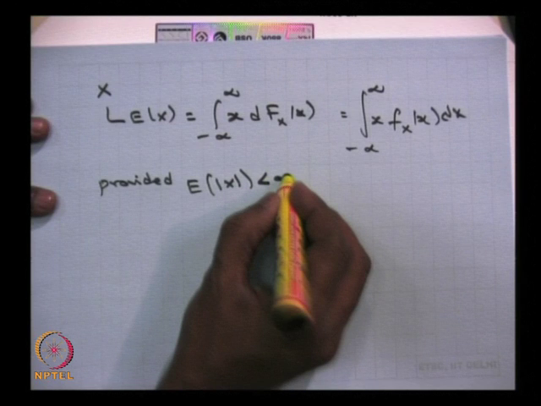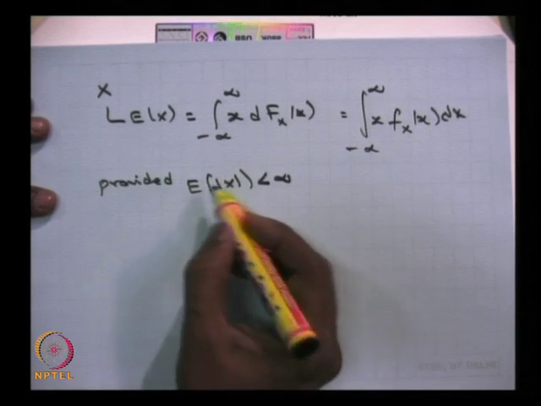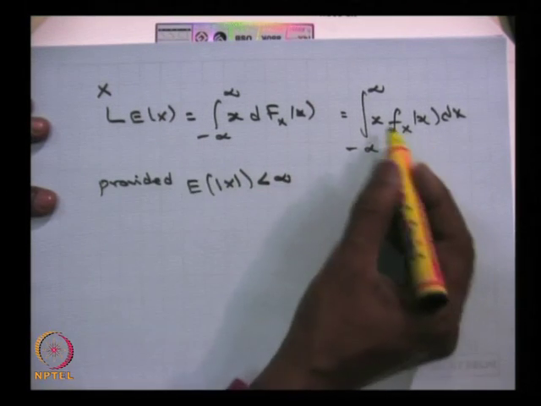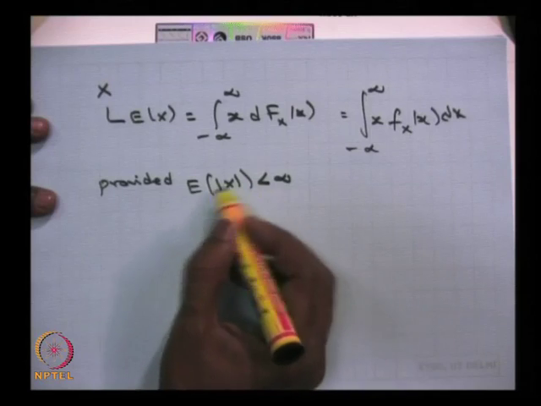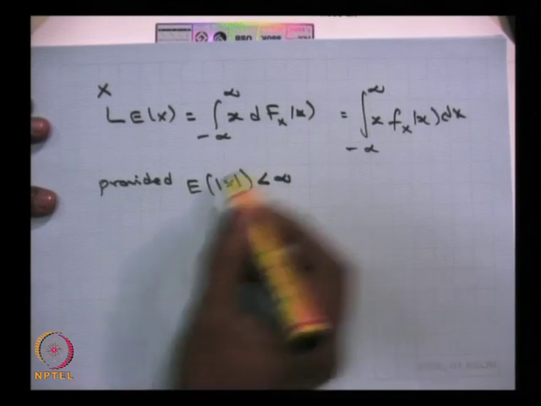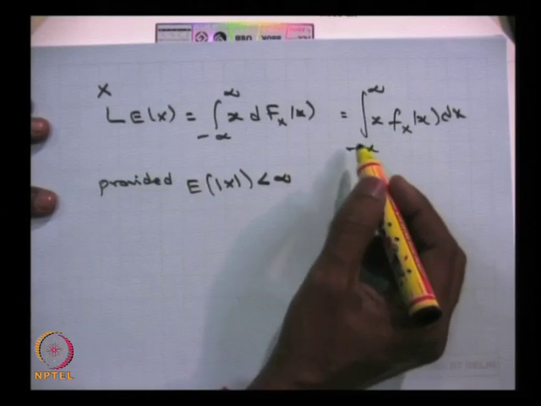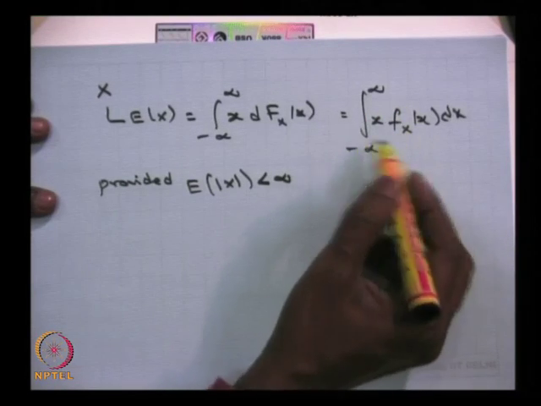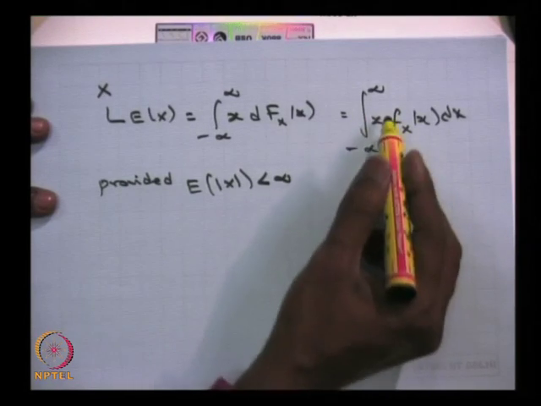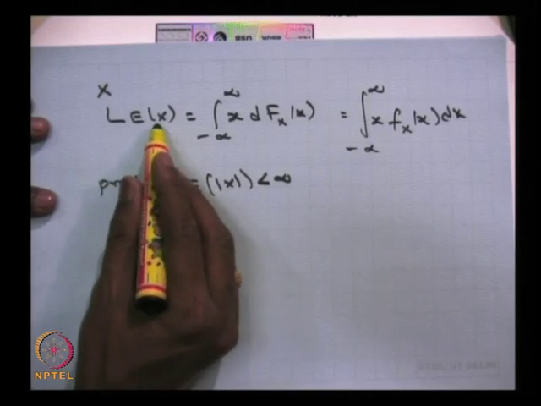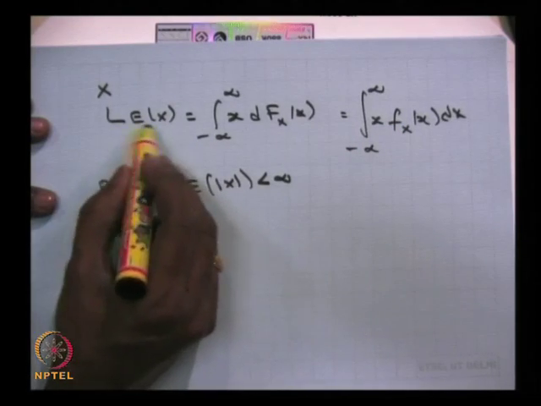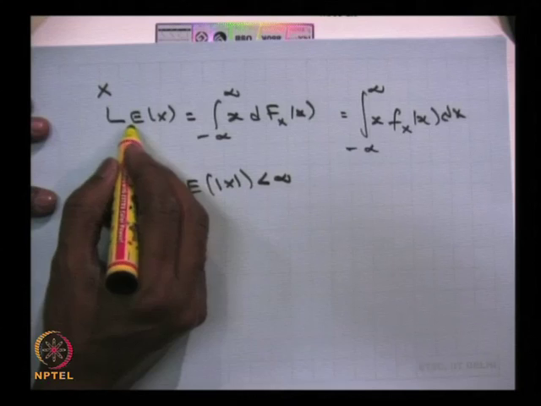This is because absolute convergence implies convergence. That means whenever you replace x by absolute x and this condition is satisfied, then whatever value you get for the integration without the absolute value is the expectation of the random variable.